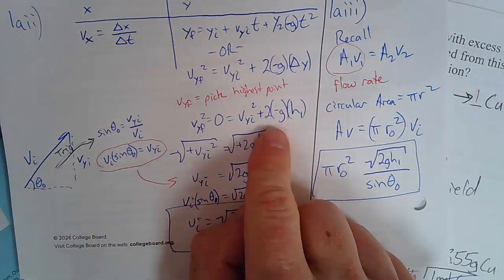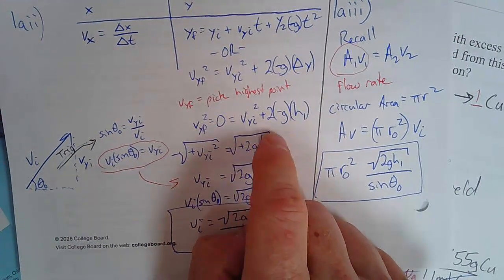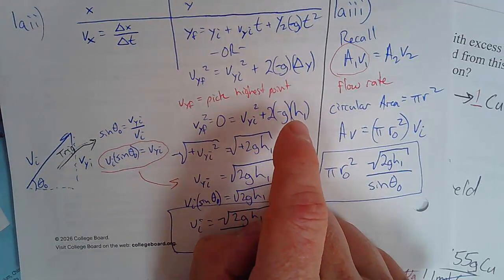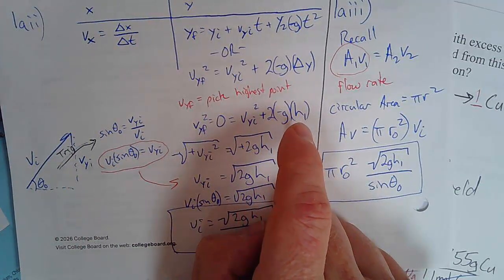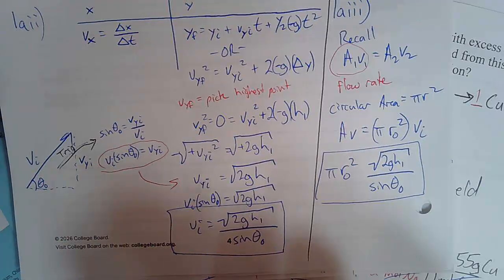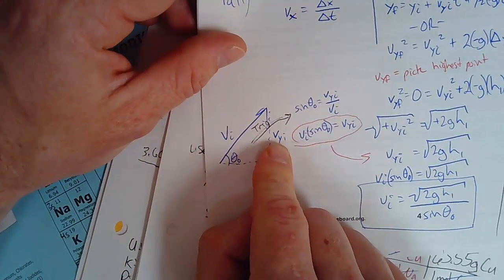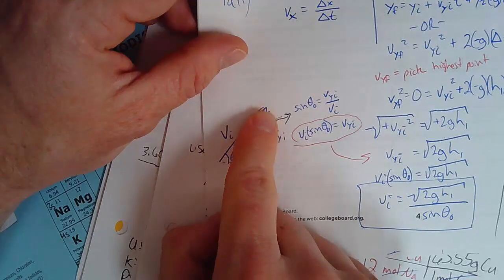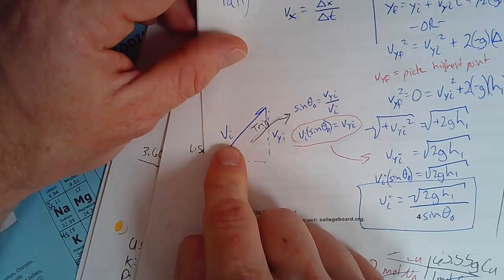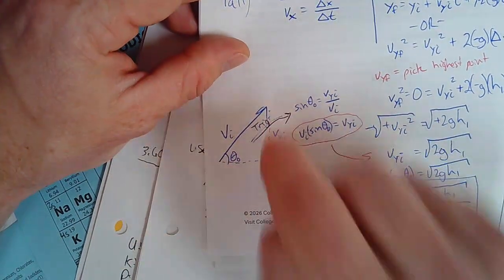And we had to do a little bit of trig here because they didn't want the vertical y component, they wanted the actual speed, so the magnitude of the actual velocity at an angle.